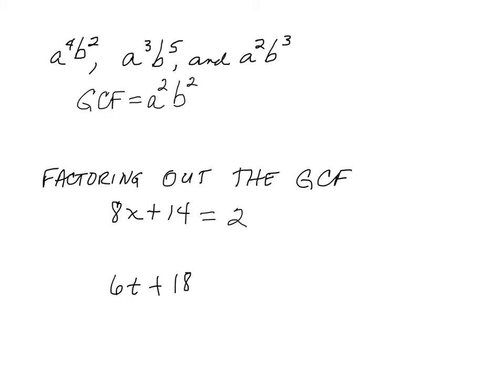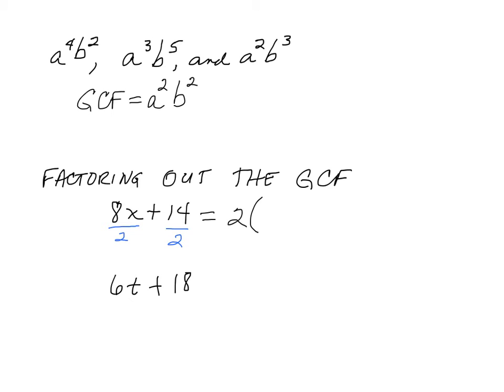2 is the biggest number that will divide into 8x and 14. But once we factor out the 2, what do we have left? What you have to understand is once you say I want to divide it by 2, I'm taking out a 2, which really means I'm dividing out a 2. We don't go through this step I just wrote in blue on paper, but it's what you do in your mind.